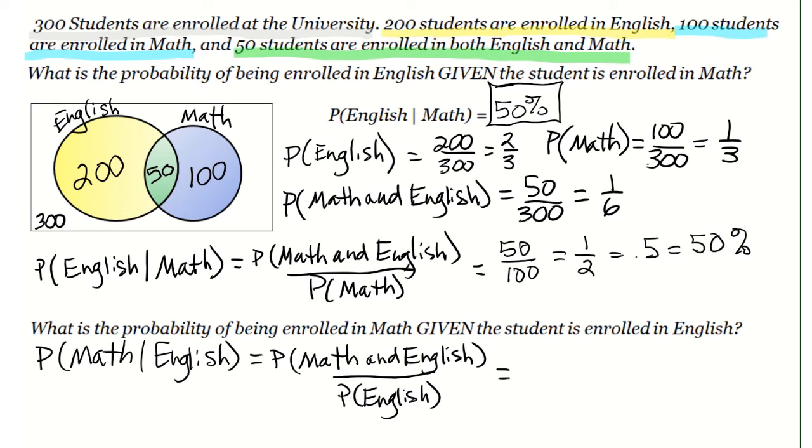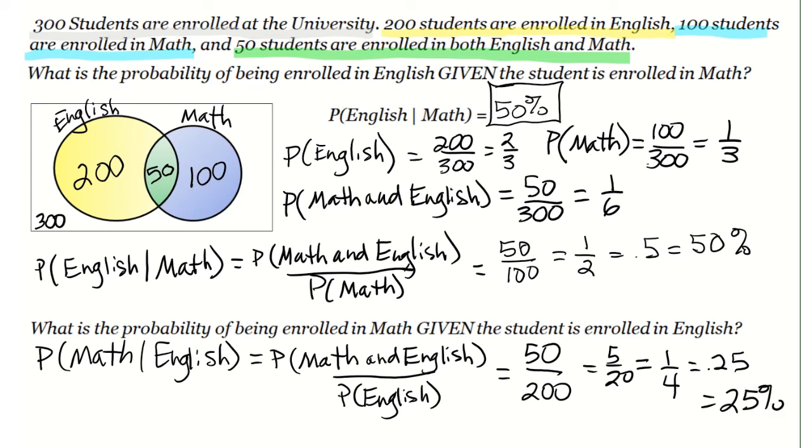Looking at the Venn diagram, we're going to take that green area where they intersect and divide it by the probability of the English, which is our yellow circle of 200. That's going to give me 50/200, which simplifies to 1/4, which is 25%.